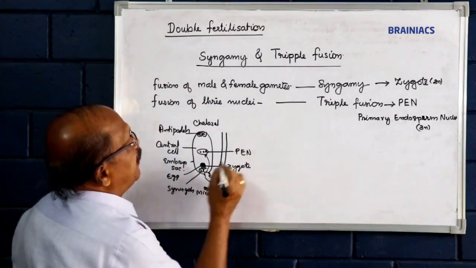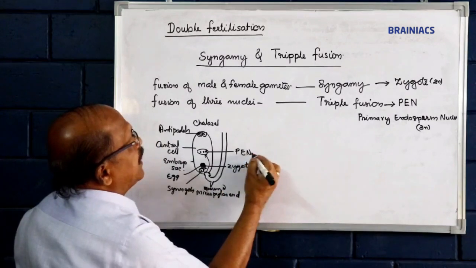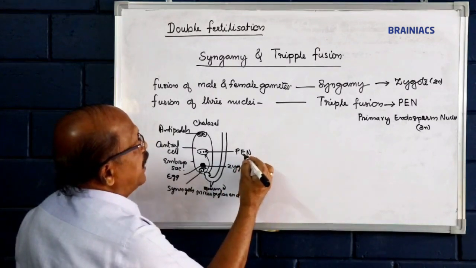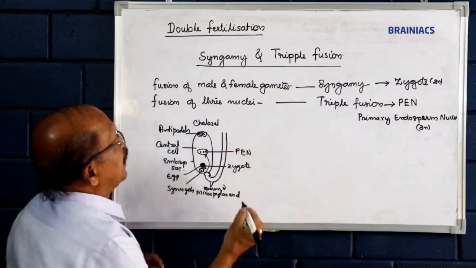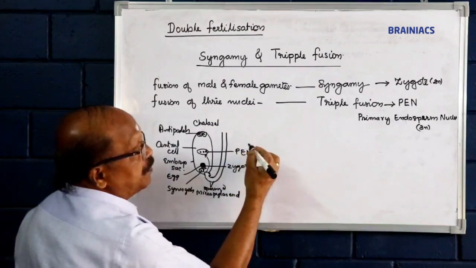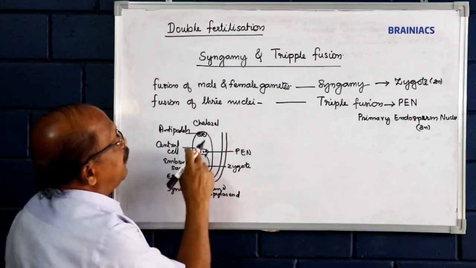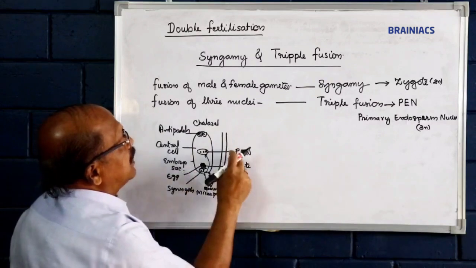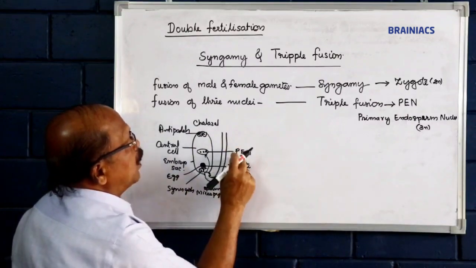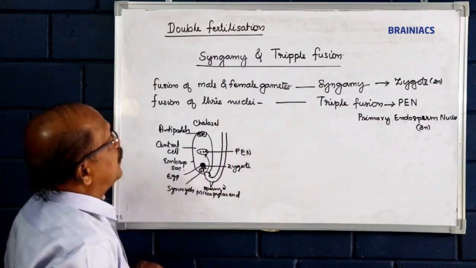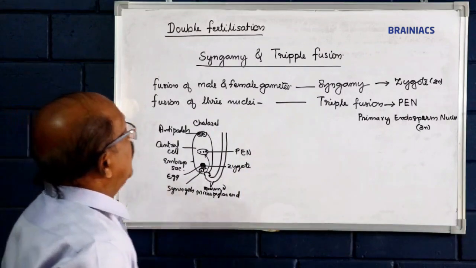Now the central cell becomes PEC, primary endosperm cell. Here fusion takes place, and as a result primary endosperm nucleus is formed.